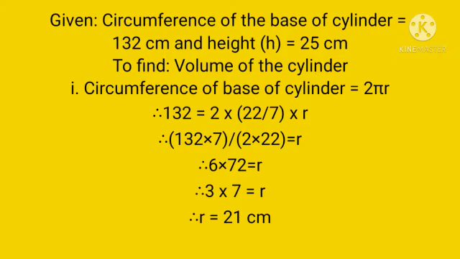Therefore, 132 is equal to 2 multiplied by 22 upon 7 multiplied by r, that is radius. Therefore, radius r is equal to 132 multiplied by 7 divided by 2 multiplied by 22. Therefore, radius r is equal to 21 centimeters. Now, since radius r is known, we can find the volume of the cylinder.